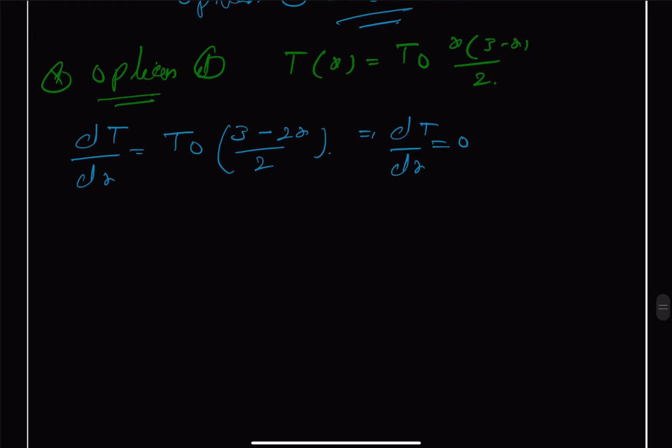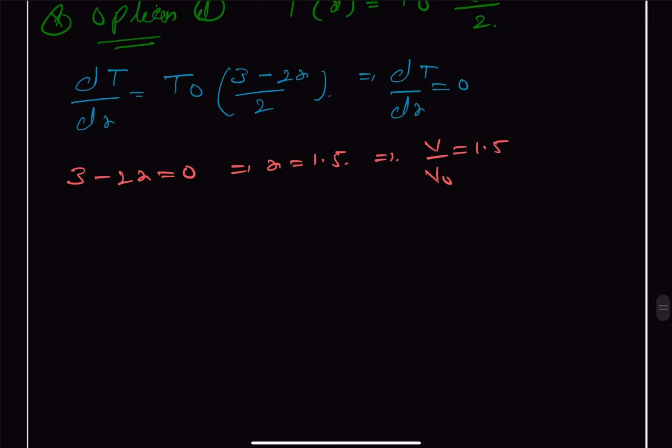So we get 3 minus 2x equal to 0, giving us x is equal to 1.5, and x is nothing but our ratio V upon V naught, equal to 1.5. So we get V is equal to 1.5 times V naught. Now we find out the second derivative.